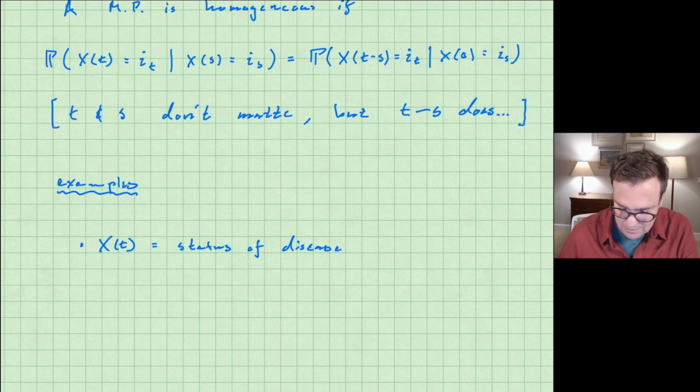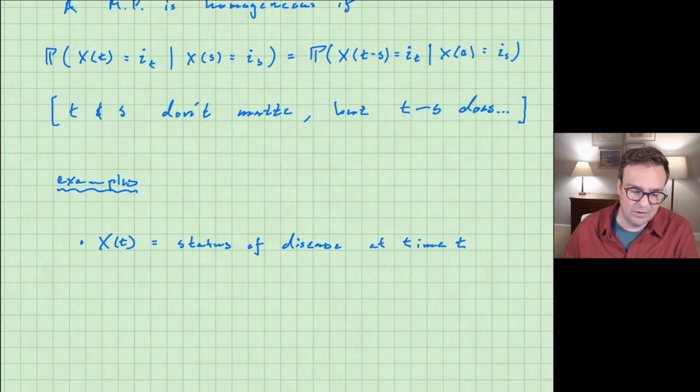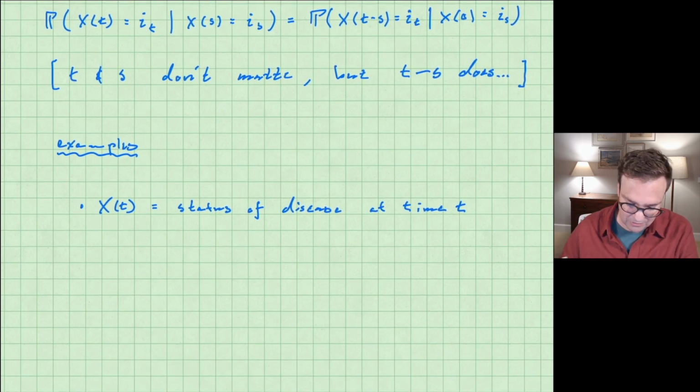Disease in a population at time t. Right, so status of disease means like they have it or they don't, or the number of the population that have it is discrete.